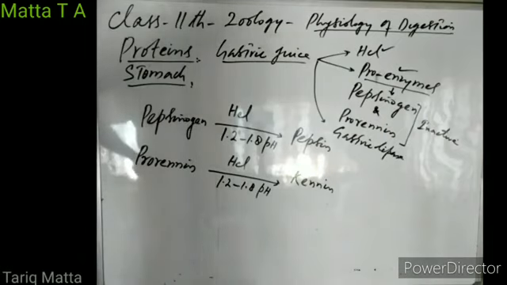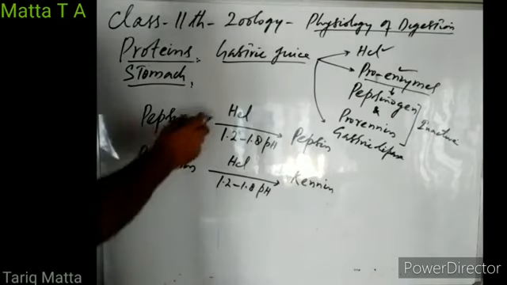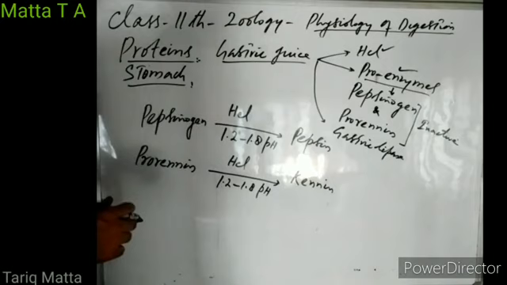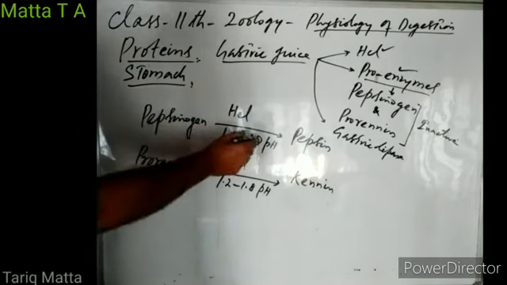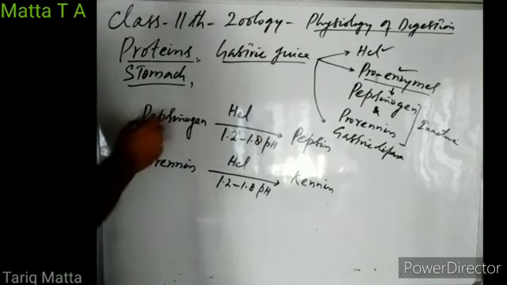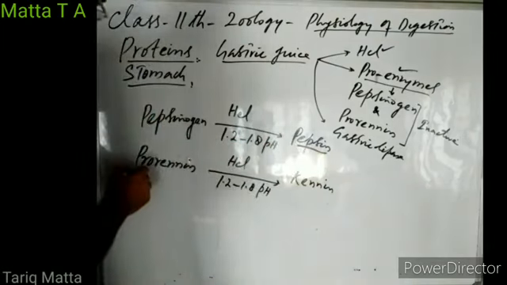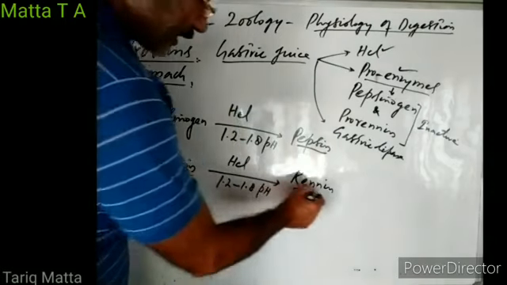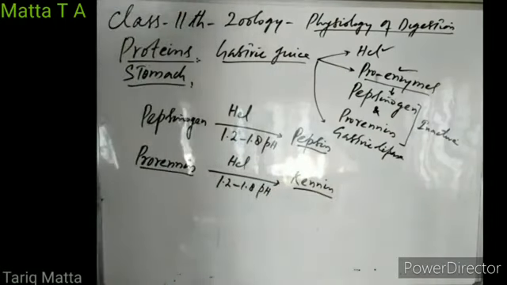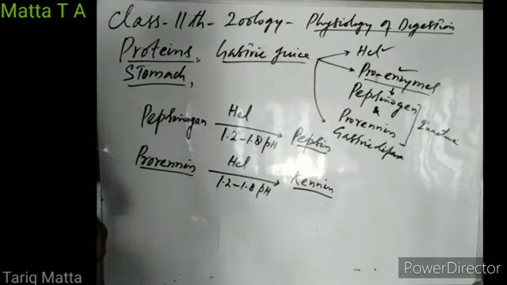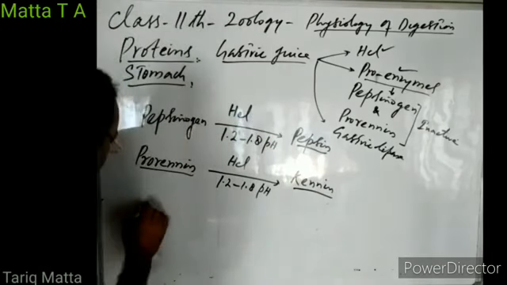They are activated by the help of HCl. Due to the presence of HCl, strong acidic conditions are created there. And at a pH of 1.2 to 1.8, this HCl converts pepsinogen into pepsin, the active enzyme, and prorenin into renin, an active enzyme. Now this pepsin acts on the proteins.